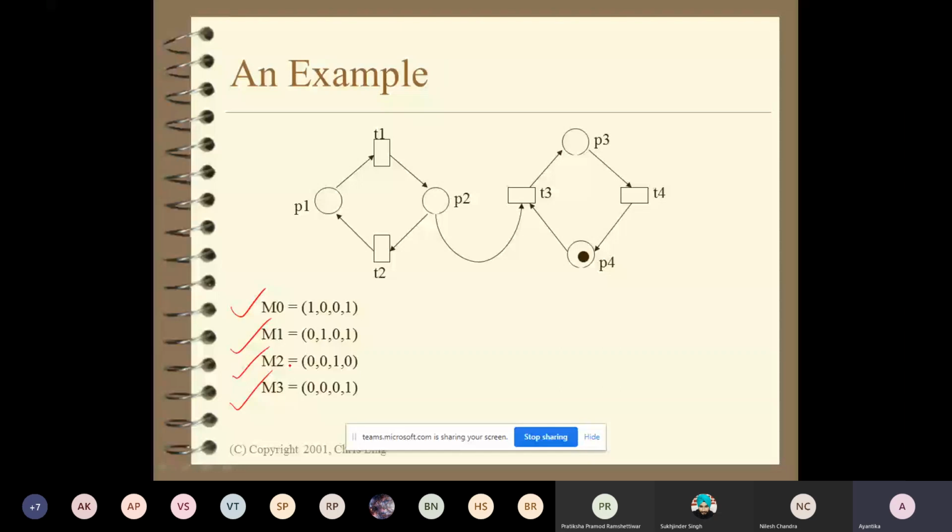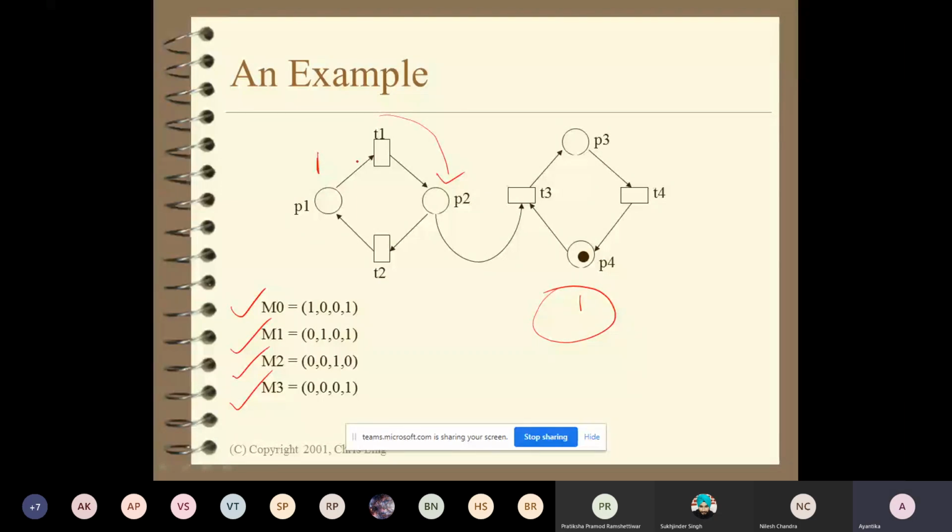Now, in the first case, what is the situation? You are having your token in P1, that means here, and you are having your token in P4, right? Then you are making one transition. Now your token is coming to P2, and this token in P4, there is no transition for it and it stays in P4.